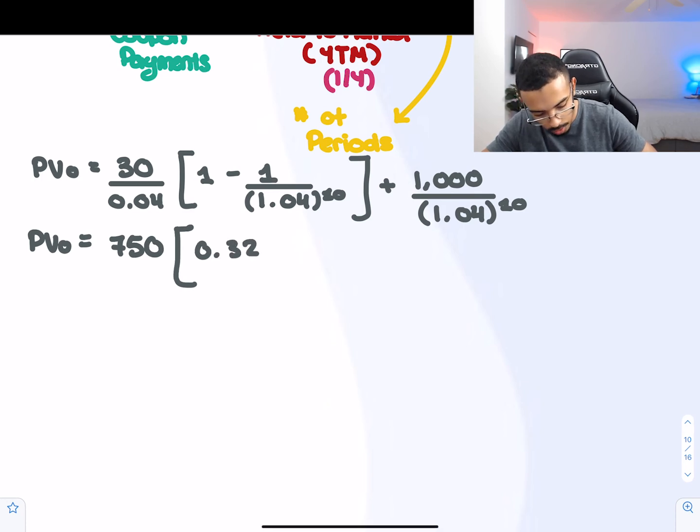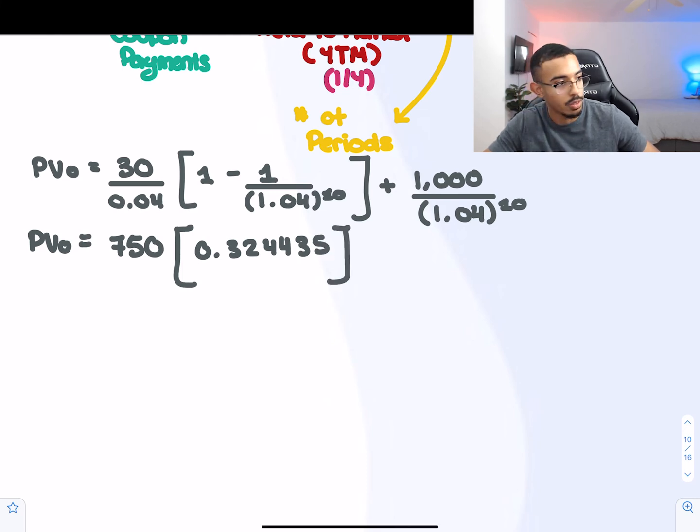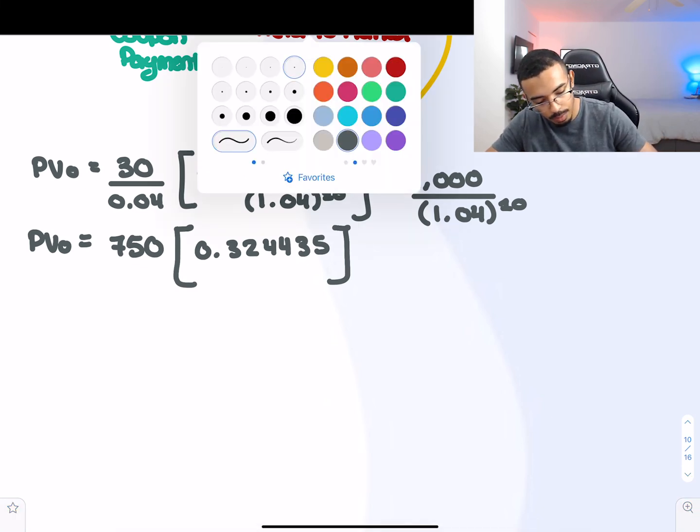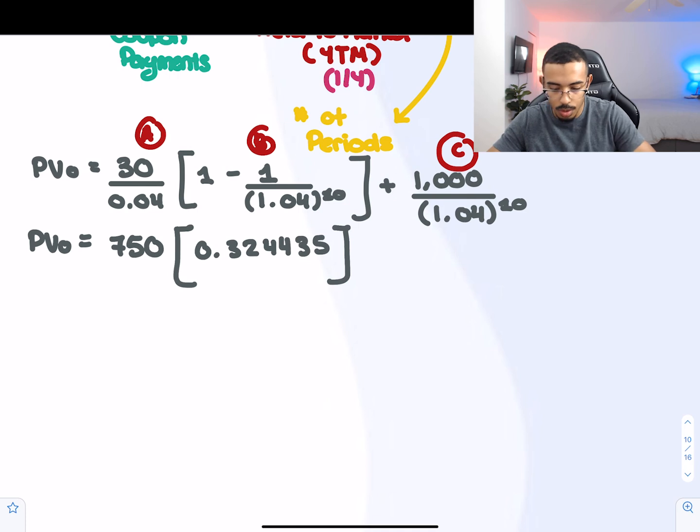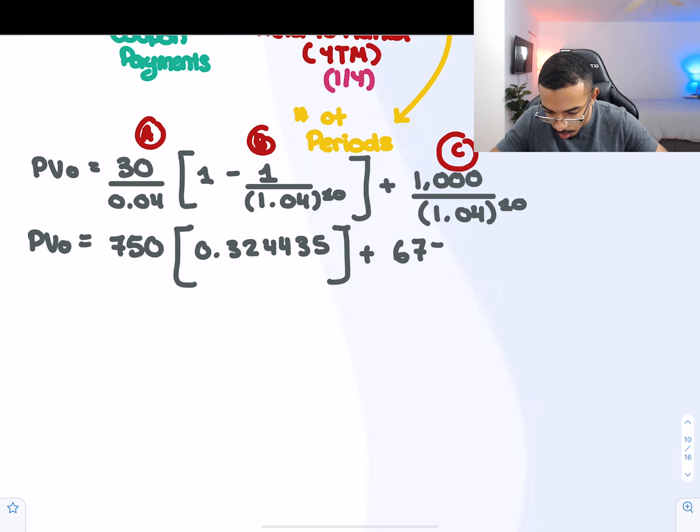So essentially, what we're trying to do right here is we're trying to find a value for every single bucket, right? So we have bucket A, bucket B, then we have bucket C, okay. So now the final part, what we're going to add is 1,000 divided by 1.04 to the power of 10. So 1.04 to the power of 10, 1,000 divided by that will give us 675.56.